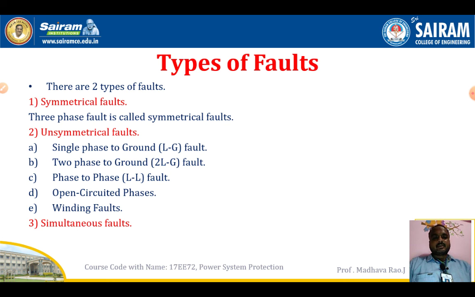Unsymmetrical faults means single phase to ground, that is LG fault, two line to ground, that is 2LG fault, phase to phase fault, LL fault, and open circuited phase winding faults. So these are the main faults.